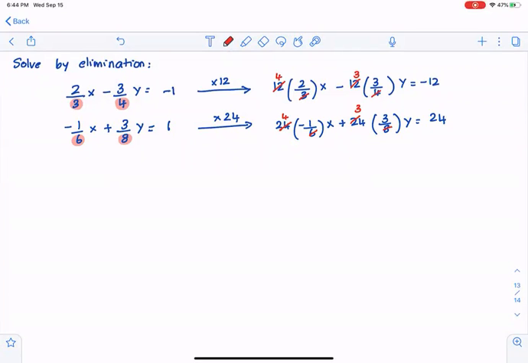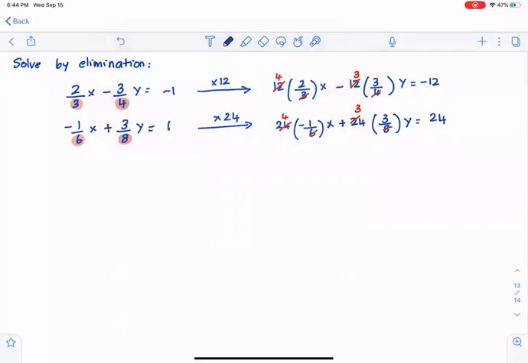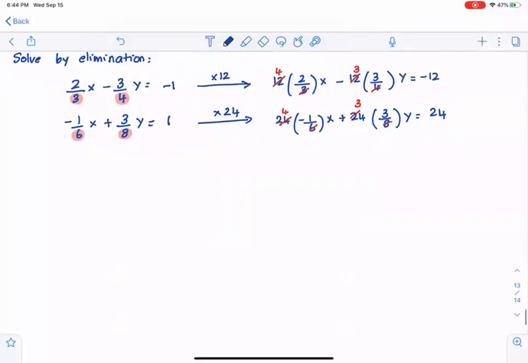So we got rid of the denominator successfully. So we will have 8x minus 9y equals negative 12, negative 4x plus 9y equals 24.